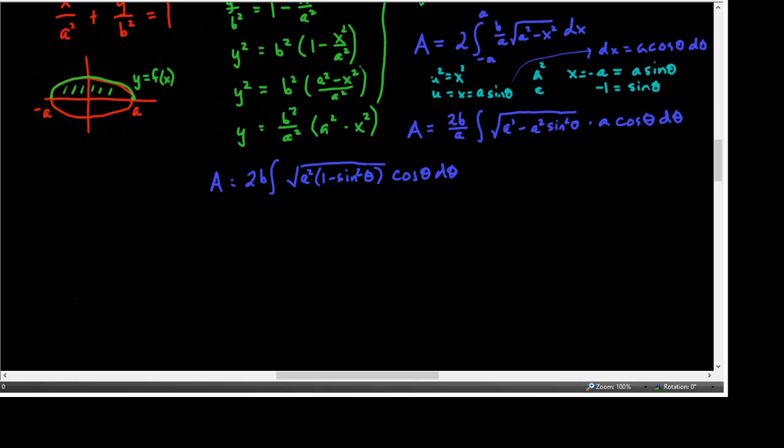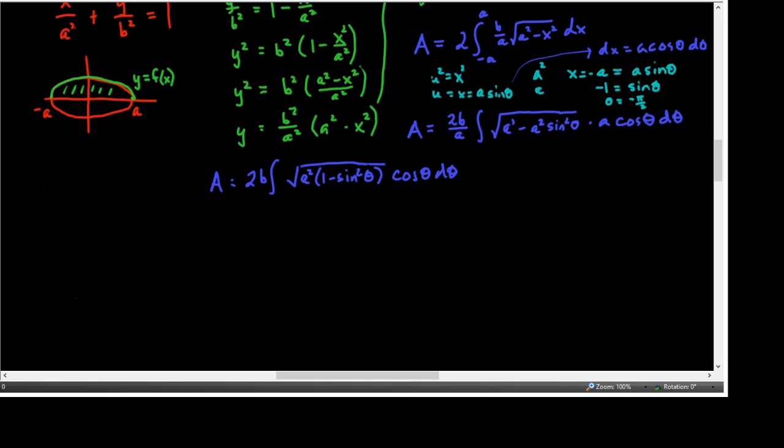And that happens at, wait a minute. I feel like I've made a mistake. Let me think about this. Okay. Well, I'm going to go forward with it and see what happens. It's not what I have in my notes, so that happens to be when theta is negative pi over 2.